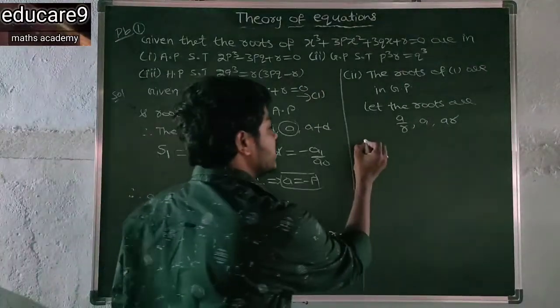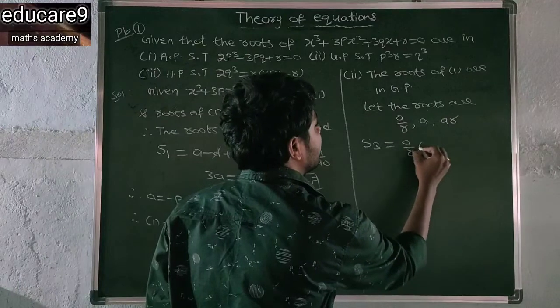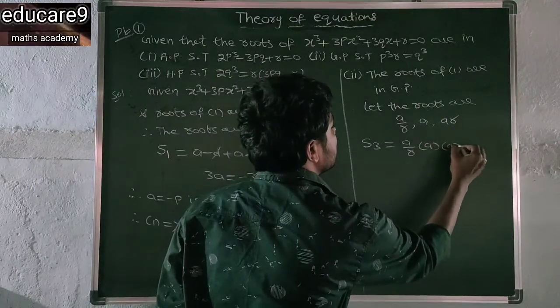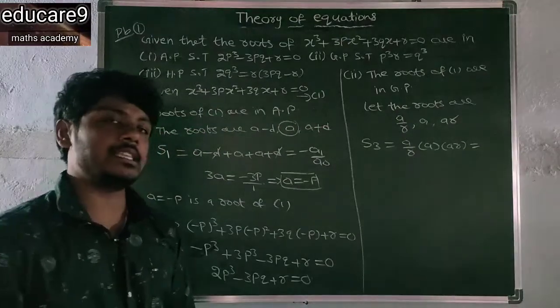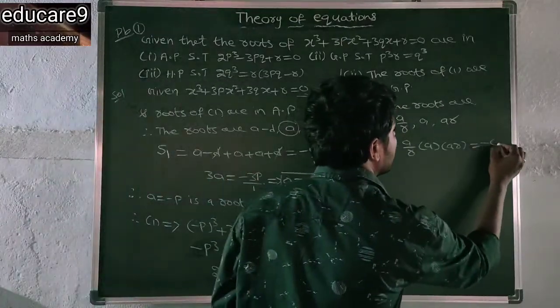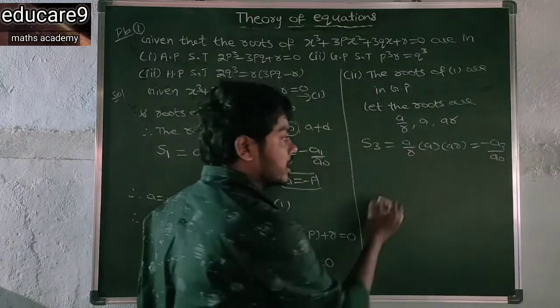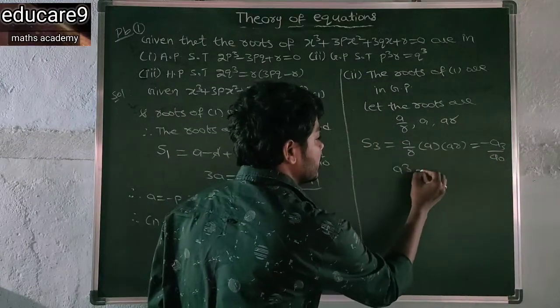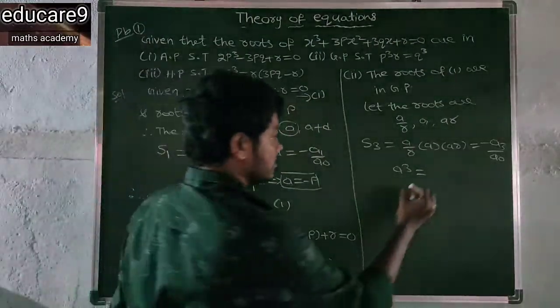So S3 is what? The product of the roots, a by r times a times ar, S3 means minus A3 by A0. This is a cube, and minus A3 is minus r.